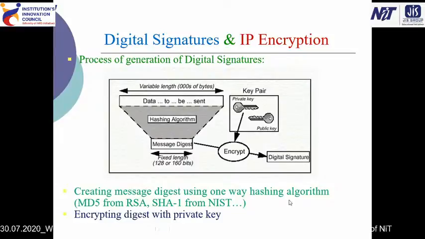Private and public keys are connected as an interlocking system. It is a variable length byte process, 0 to 1000 bytes, and the data to be sent is the digital signature. It is usable to encrypt your intellectual property. It creates the message digest using a one-way hashing algorithm, and this is encrypting the digest with the private key.